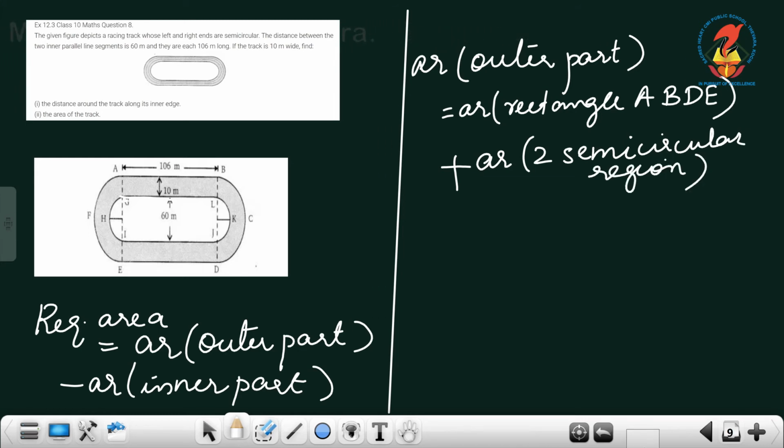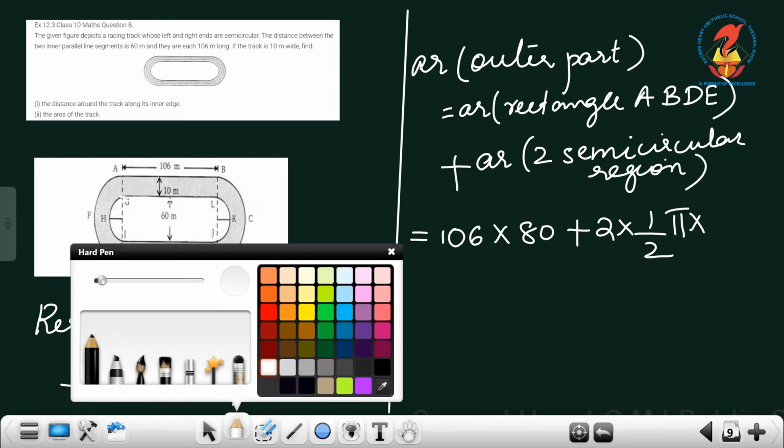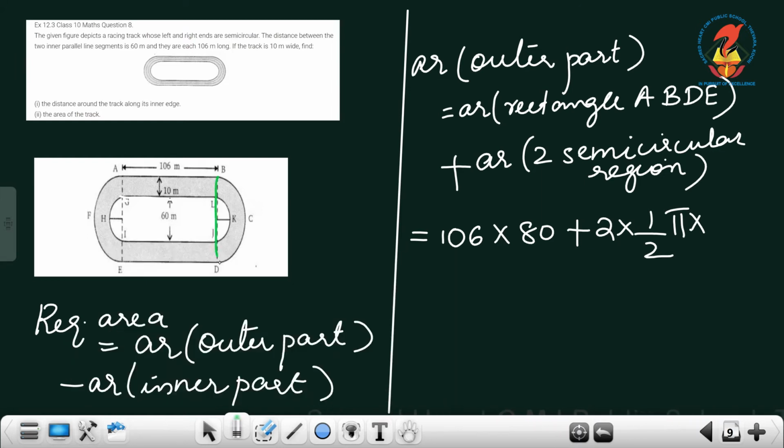Two semicircular regions means one circular region, which is equal to 106 into 80 plus 2 into, so what is the area? Half pi r square. R is half of the diameter. Diameter is 60 plus 10 plus 10, 80. So, the radius is 40, into 40 into 40.